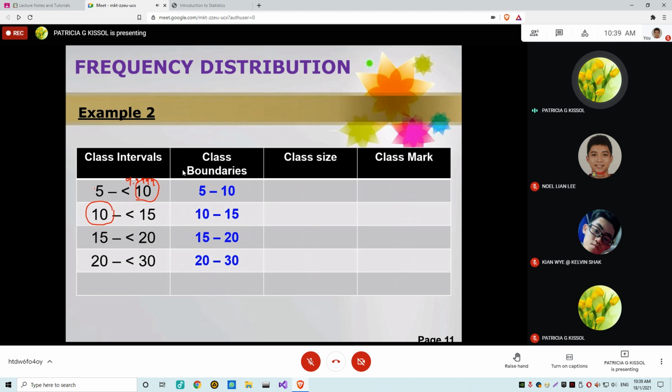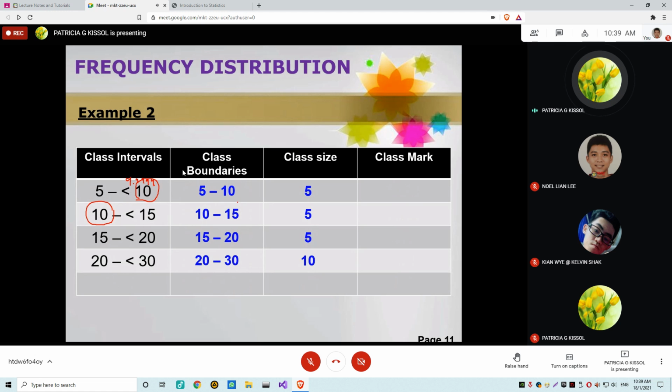So we have 5 to 10. The next one, 10 to 15, 15 to 20, and 20 to 30. The class size, same thing. You just minus: 10 minus 5, 15 minus 10, 20 minus 15, and 30 minus 20.